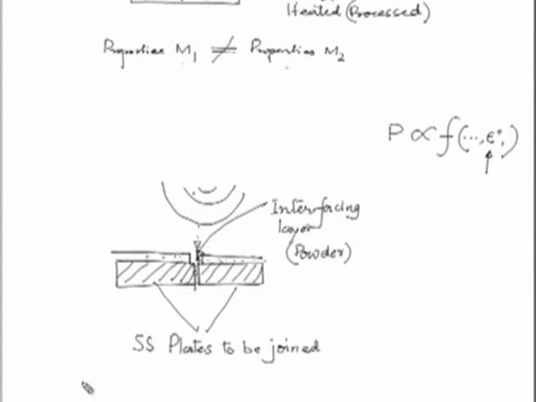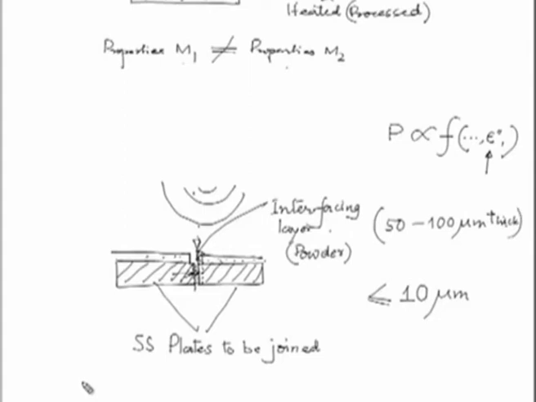Therefore, this layer will get heated up and melted, the very nearby parent material will get melted, and there will be a bond formation between them. The distance of parent material that gets melted will be less than or equal to 10 micrometer only, and this interfacing layer will be something around 50 to 100 micrometer thick.